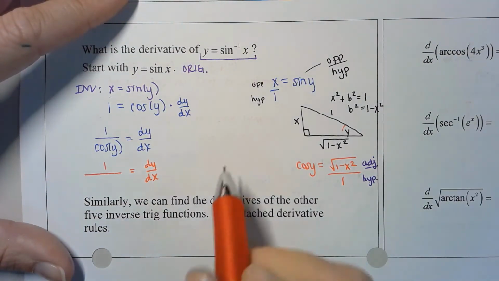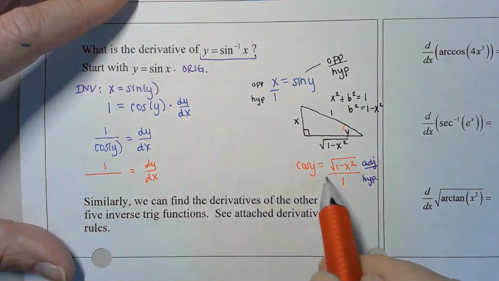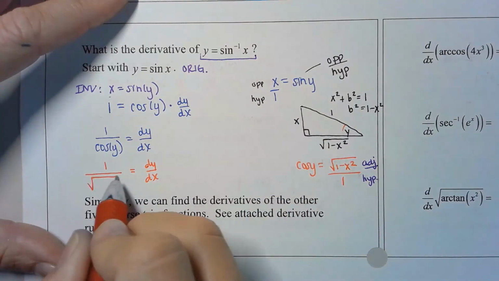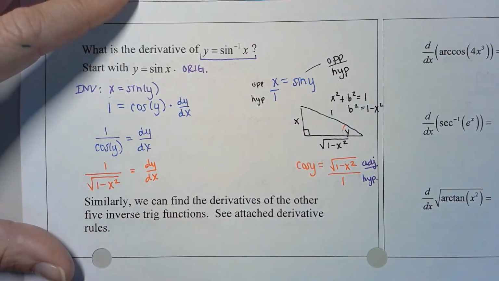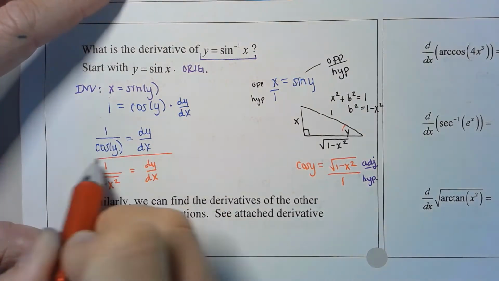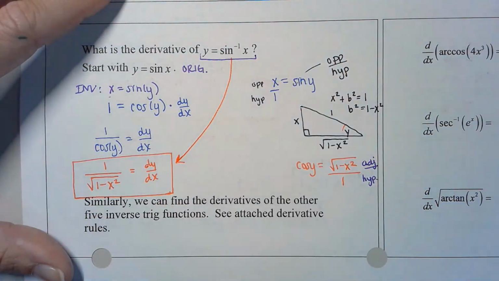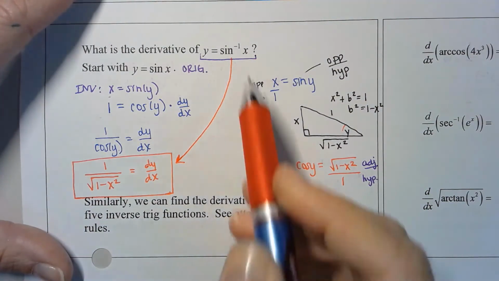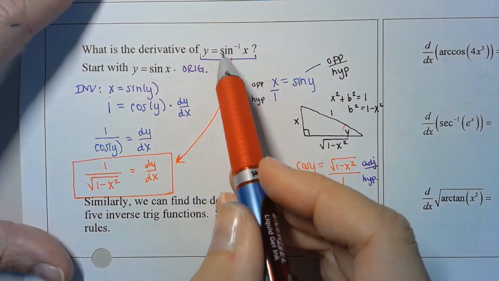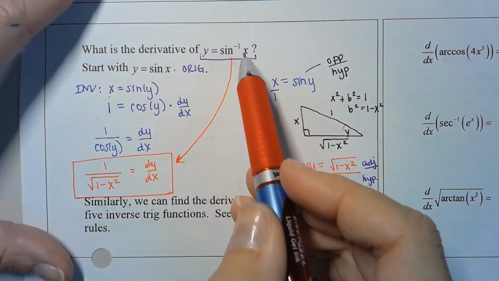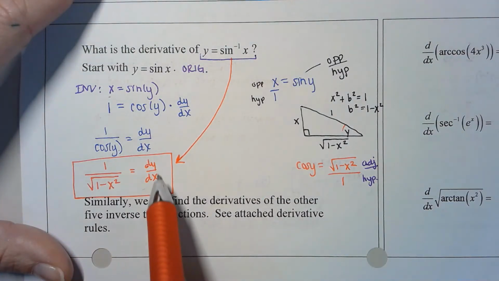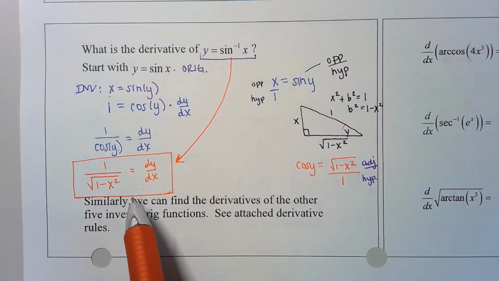Well, I don't really need to write divided by 1. So the cosine of y is the square root of 1 minus x squared. Woo! If our original function is the inverse sine of x, this is its derivative.